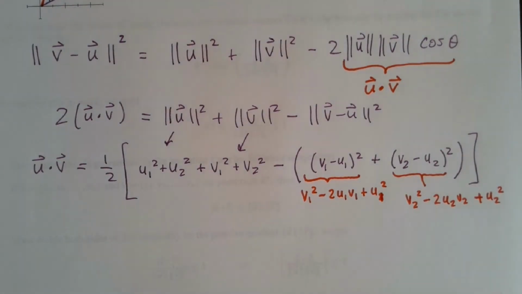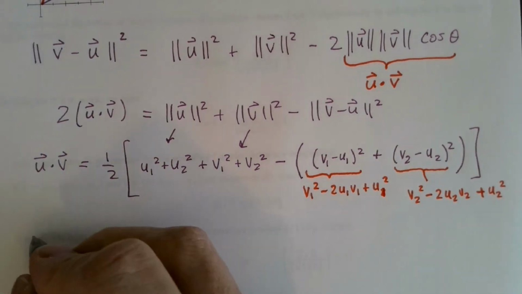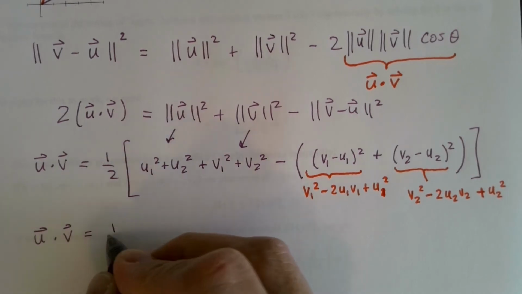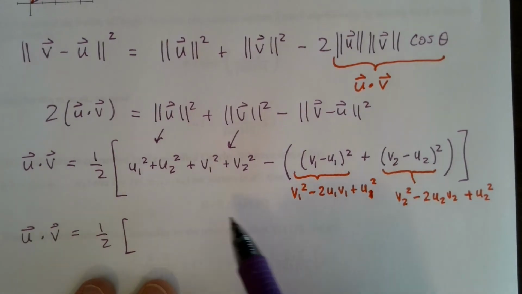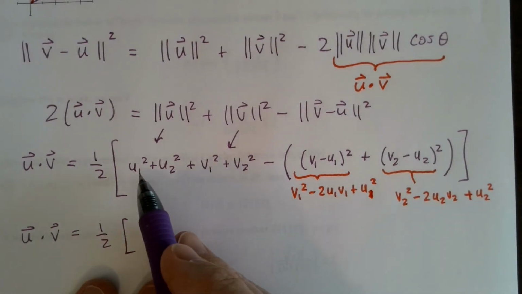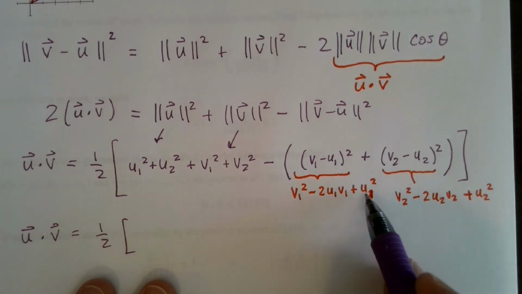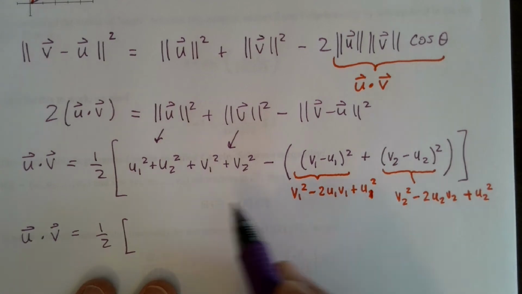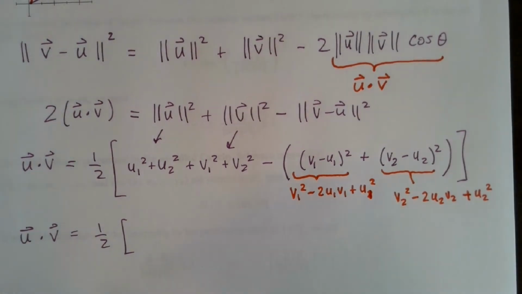And now we just need to do a little simplification here. So I get u dot v is 1/2. And what is all this stuff here? So this is a bunch. What does it all simplify down to? Well, check this out. u1 squared, now look at this, minus what? u1 squared. Distribute this minus sign through, minus u1 squared. So the u1 squares are gone. Check those off our list.